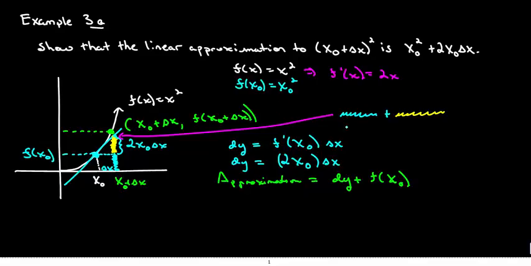So this blue one is equal to x naught squared. The yellow one is given right here, which is 2x naught delta x. And if we put them together, we get this point right here, which is a good approximation to this green point right here. So this is my linear approximation.